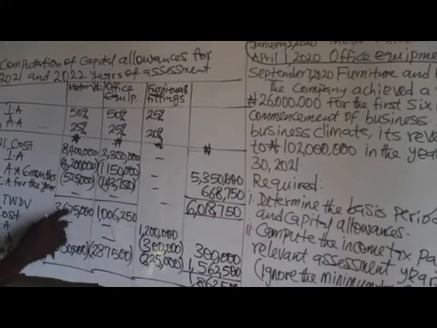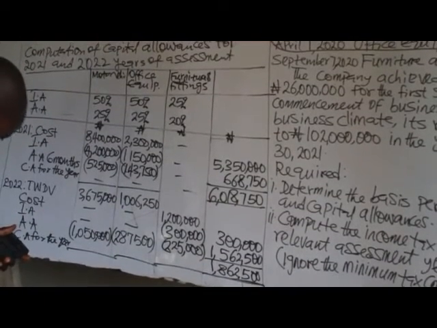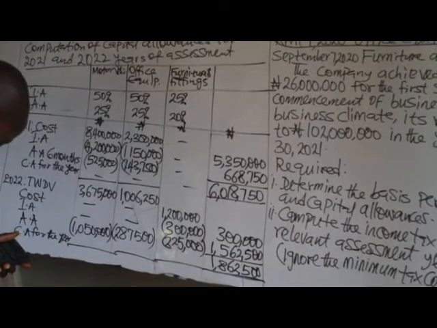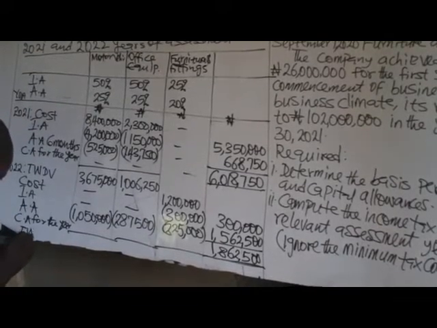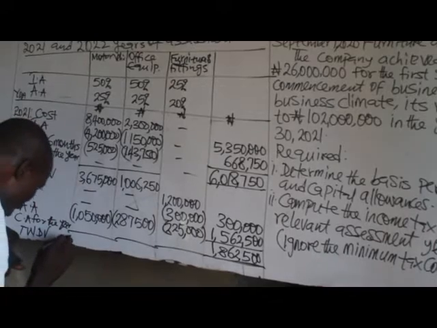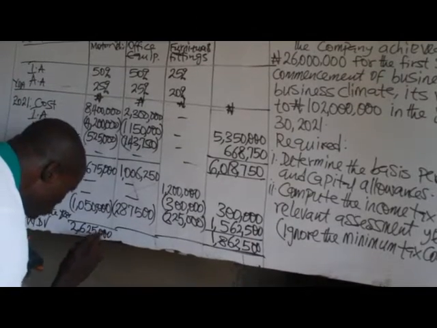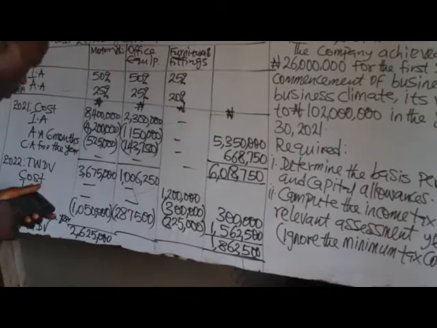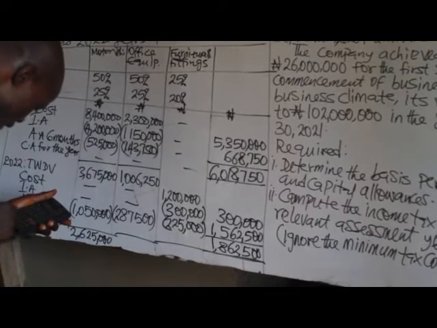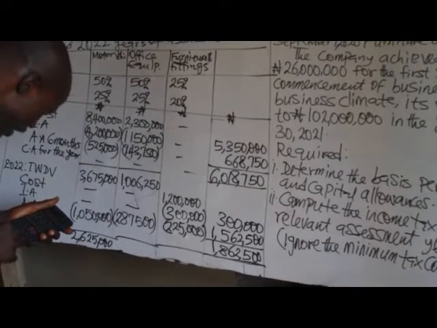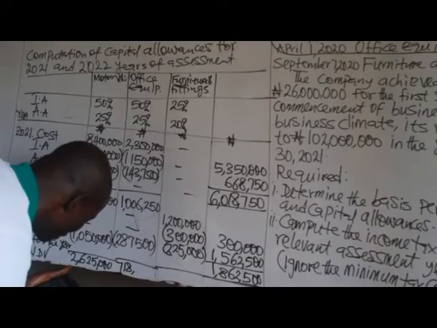So for motor vehicle, we have 3,675,000 minus 1,050,000. Then we have the tax written down value on motor vehicle to be 2,625,000. Then on office equipment, we have 1,006,250 minus 287,500. Then we have the tax written down value of 718,750.